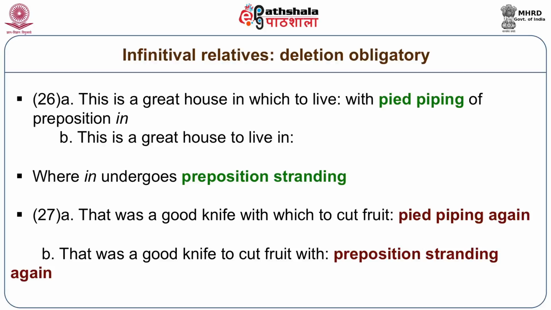Notice that English doesn't allow a nice house to live in to surface as a nice house to live. English doesn't allow a great knife to cut fruit with to turn into a great knife to cut fruit. The with and the in have to surface. This suggests that the deletion process only deletes recoverable material here as elsewhere.